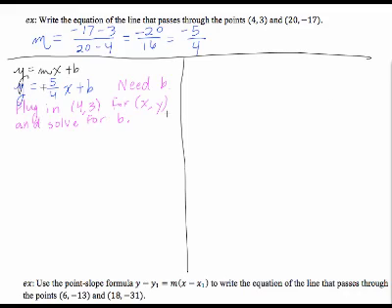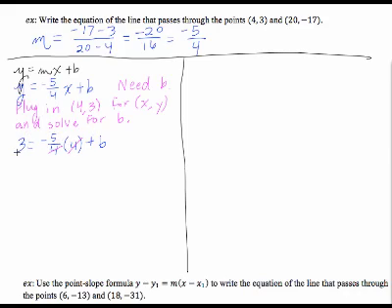Okay, so plugging that in, let's see, 3 is y and 4 is an x value. So that will give us 3 equals negative 5/4 times 4 plus b. Simplifying, 5/4 times 4, that's nice because the 4's cancel. So then you have 3 equals negative 5 plus b.